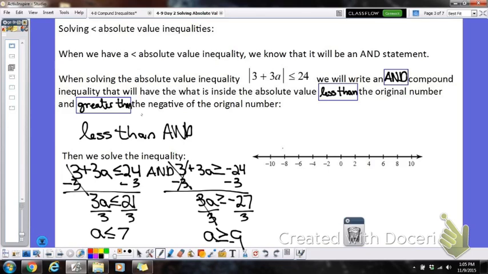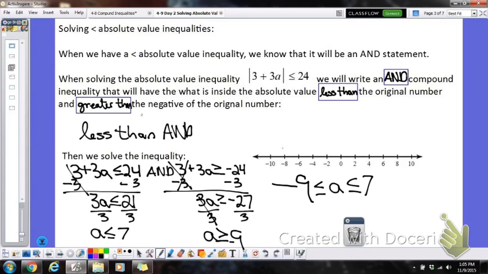So, ladies and gentlemen, with that I can make one double inequality with my smallest number first. So negative 9 is less than or equal to a, which is less than or equal to 7. And then there is our AND statement.